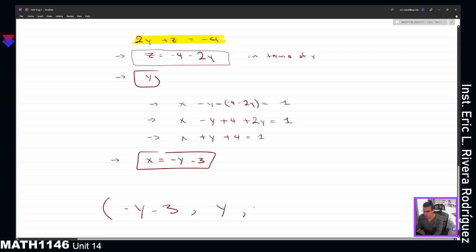So here we have an infinite amount of solutions. Okay, but the important thing here is that the variable x and the variable z, in this case, the way we solve it depends on the variable y. So for any value of y, we're going to have a value for x and a value for z. So that is our solution.